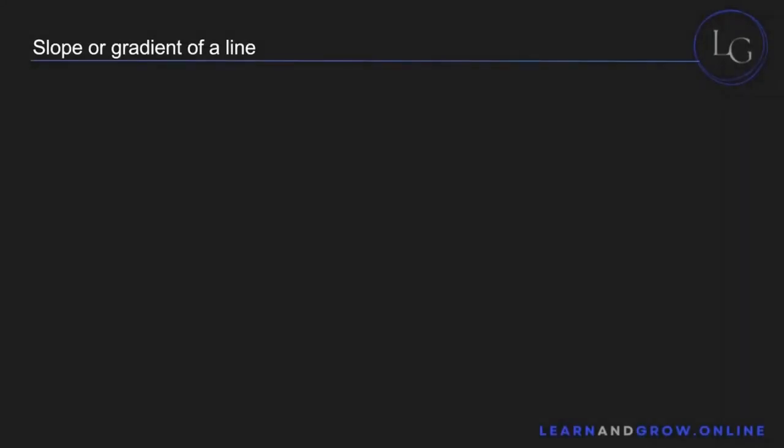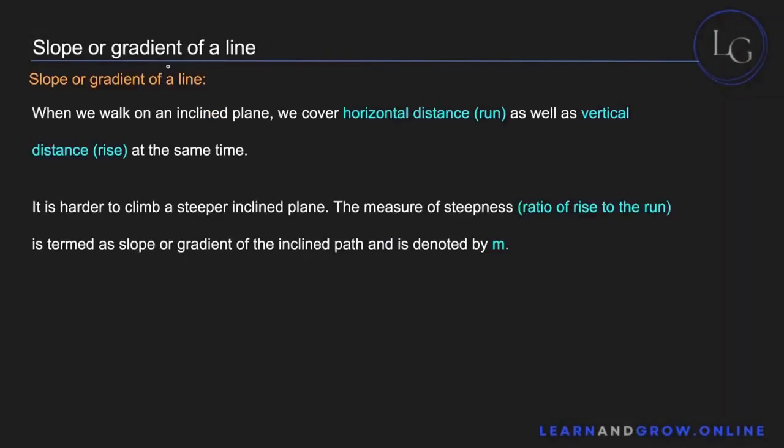Now let's see what the slope or gradient of a line is. When we walk on an inclined path, we cover a horizontal distance called the run, and we cover a vertical distance called the rise, both of them at the same time. So if you have this path here and you're going up, you're covering this horizontal distance, the run, and you're also covering this vertical distance, the rise, right?